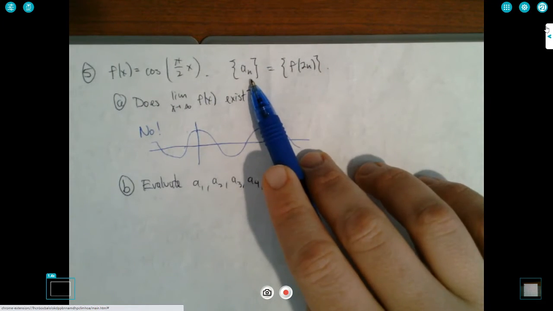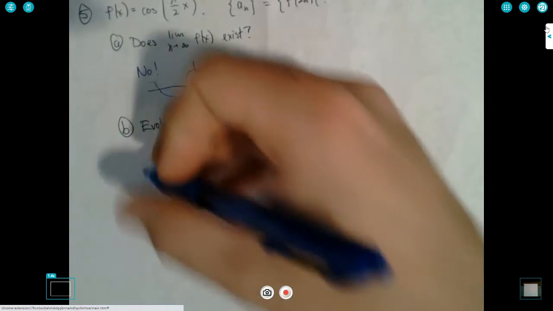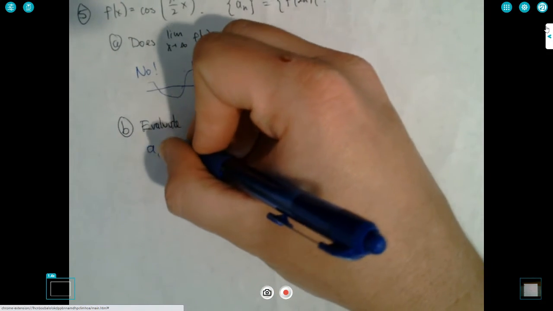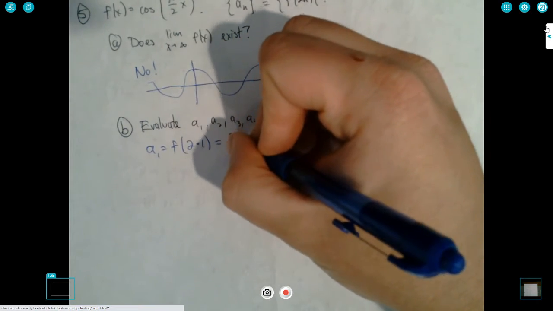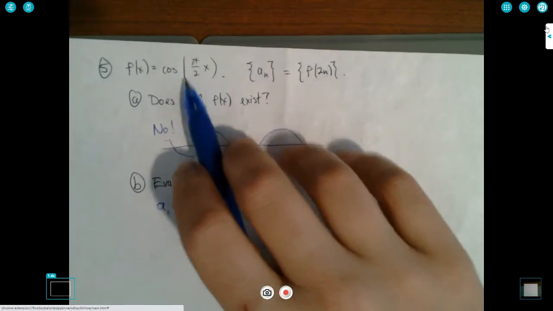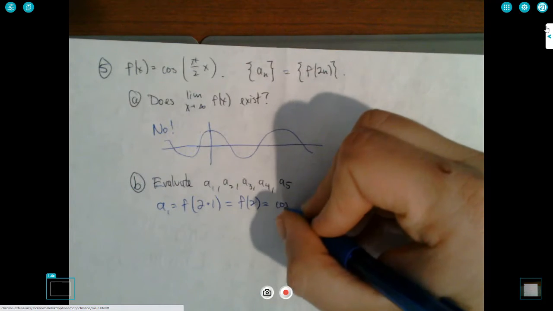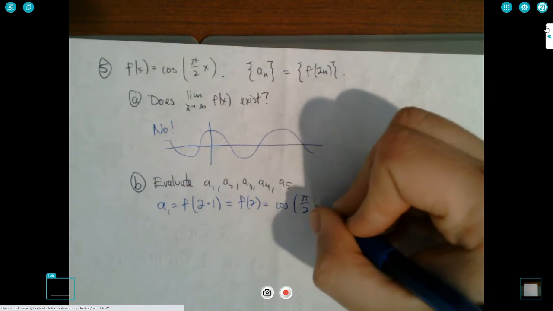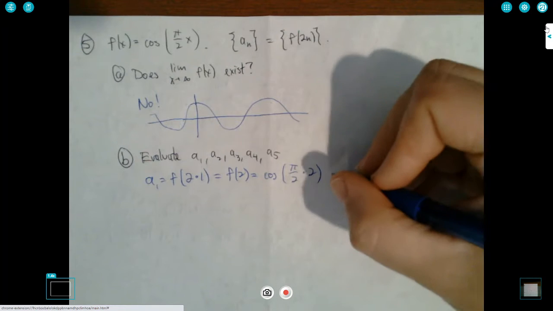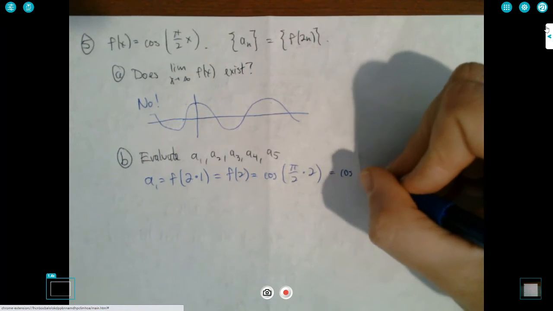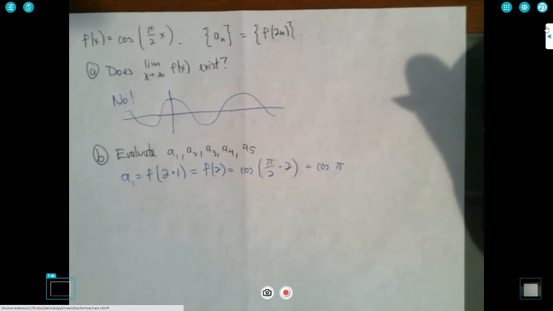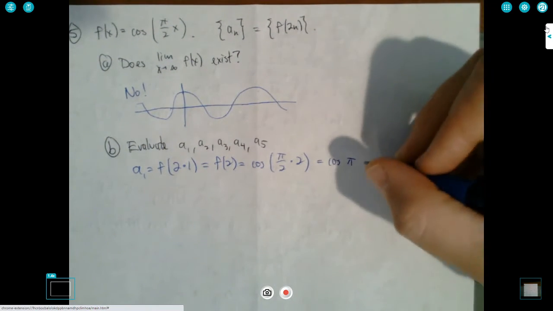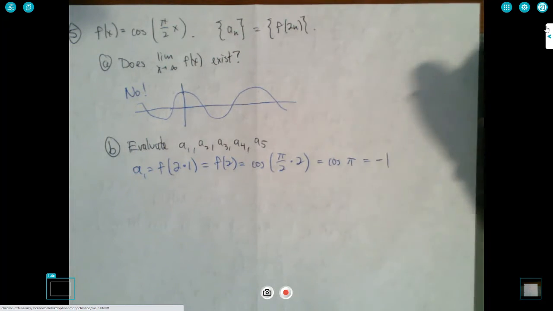Well, a1 is going to be f of 2 times 1, which is f of 2, which is cosine of pi over 2 times 2, or in other words, just cosine of pi, which you could punch into your calculator if you don't have it memorized. But cosine goes with your x values. At pi, you're over at -1. So this is -1.